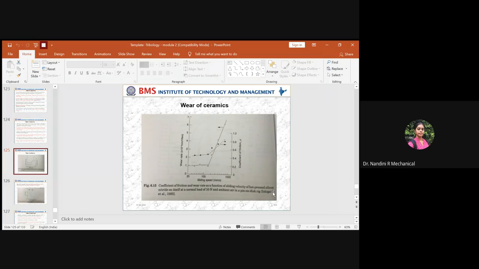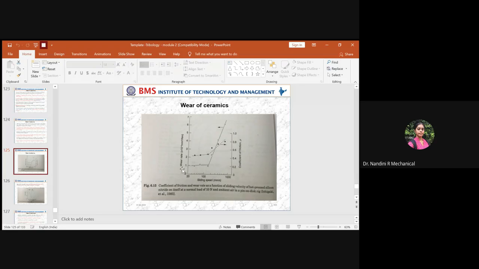The silicon nitride was hot pressed, perhaps by a hydrothermal process, and subjected to a normal load of 10 Newton in an ambient atmosphere. This was evaluated very long ago, in the year 1985. So when the silicon nitride was hot pressed with a load of 10 Newton, these were the results evaluated.